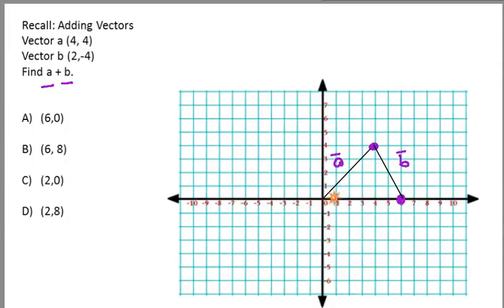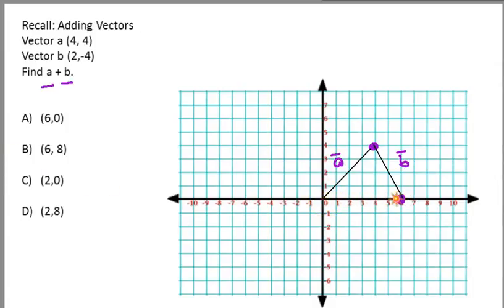The resultant is the vector that I would get if I started at the beginning and went to the end point. Think about it like you're walking along a path. To add A plus B, you can walk along the path for A and then walk along the path for B and end up here. Or to get the resultant, you can start at the starting point and go straight to the ending point.